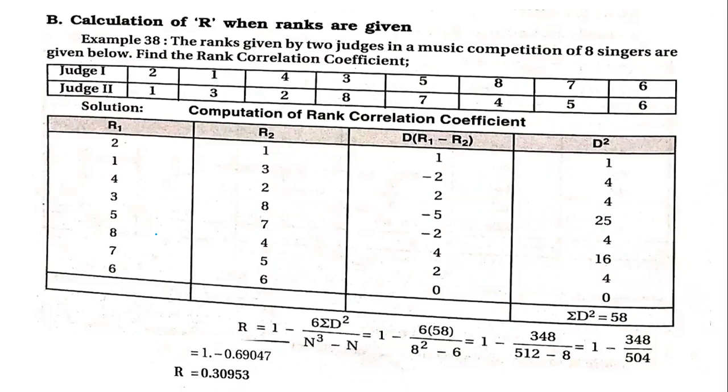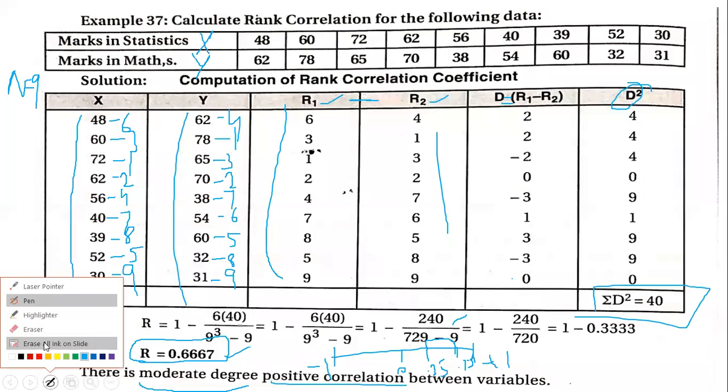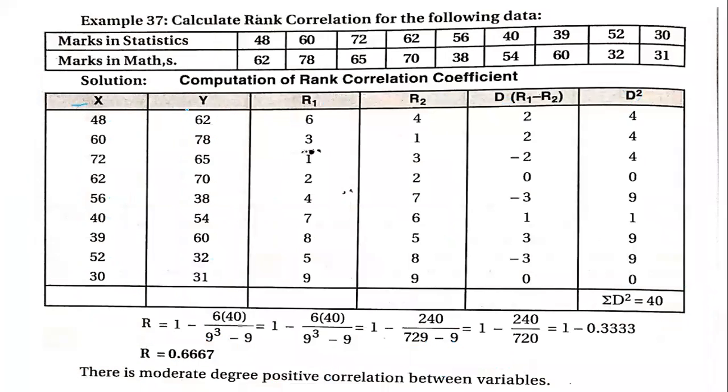Now the next type of problem is when the ranks are given. Now in this type of problem, you will not have the X and Y data, but they will give you the ranks. Let us compare this question and the previous question. Instead of giving you the X and Y data, they have directly given this column and this column.